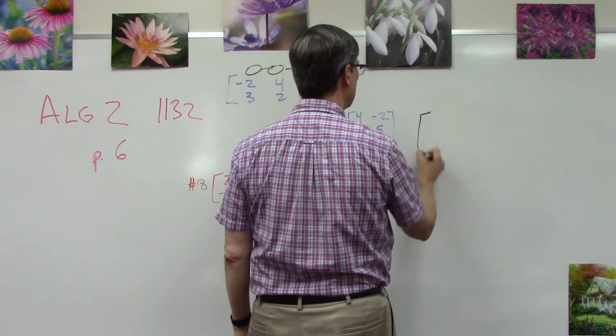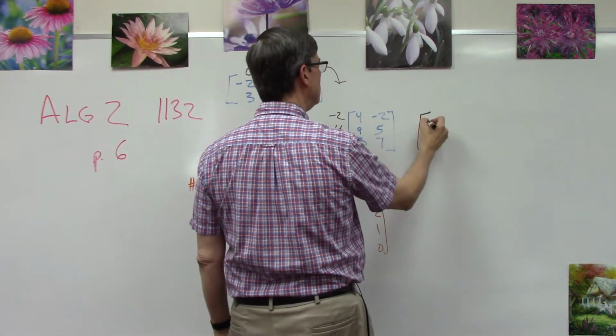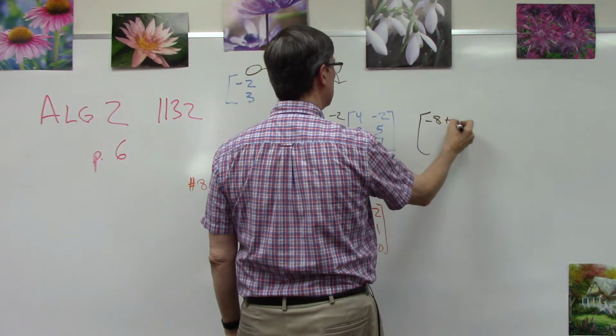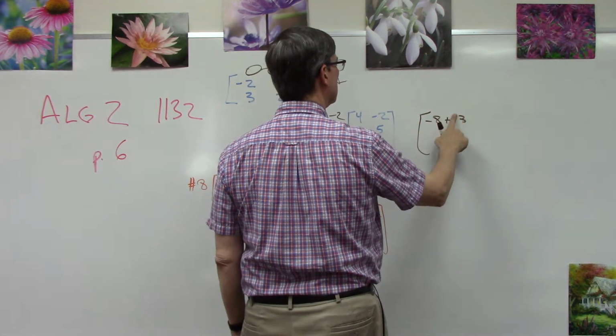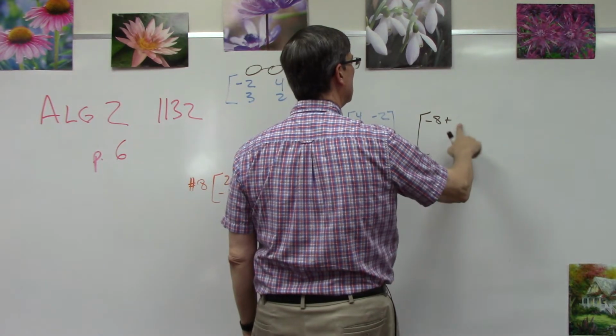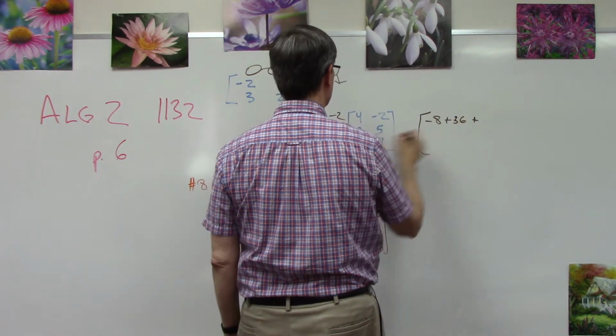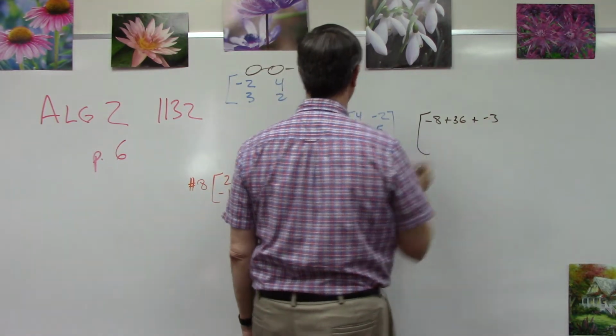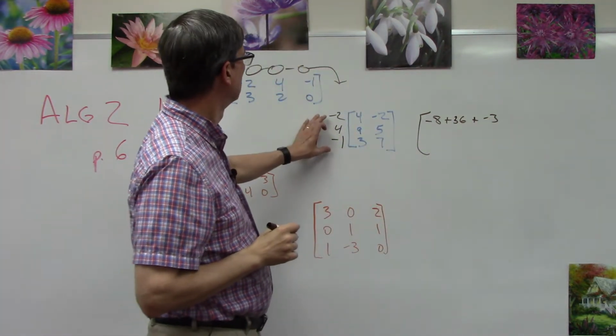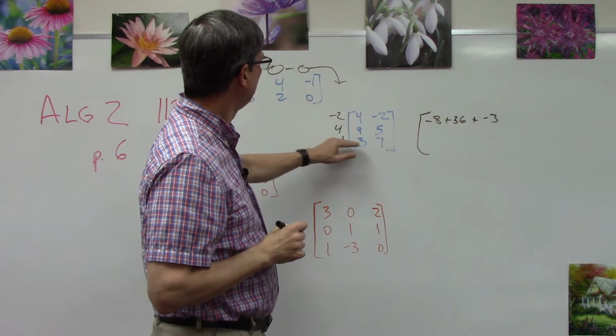All right. Then we're going to multiply these two together, get -8 plus, whoops, we're multiplying 3 times 6, and then -3. Okay, so you multiply them out.